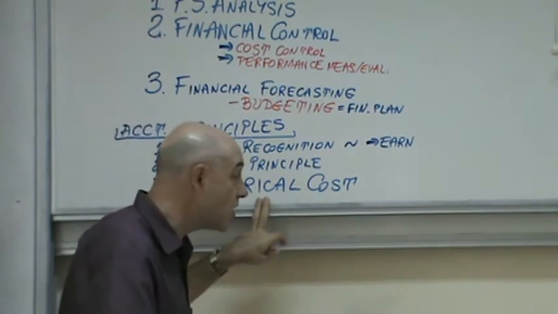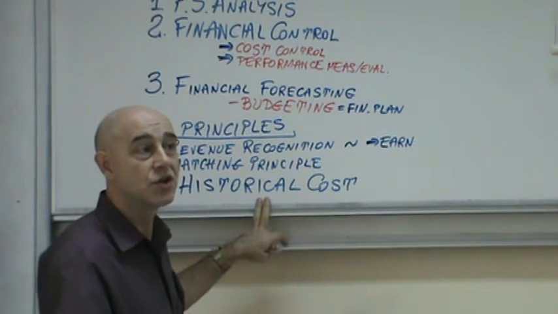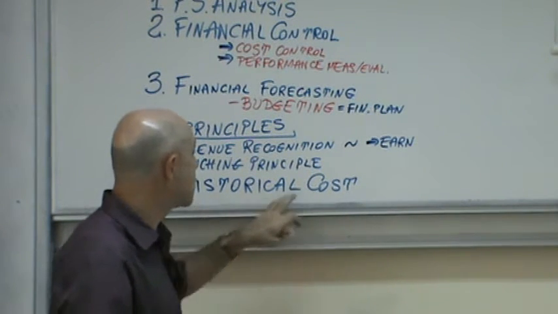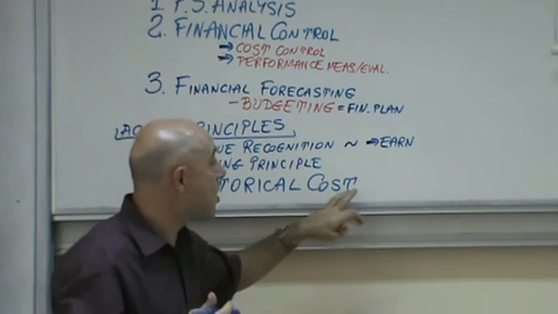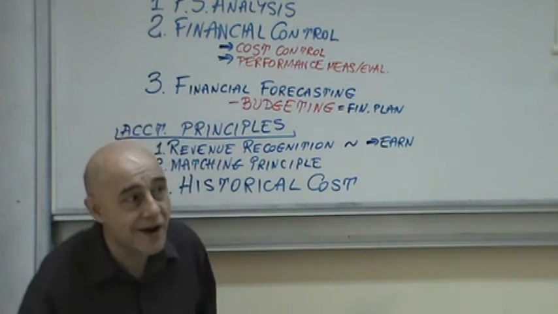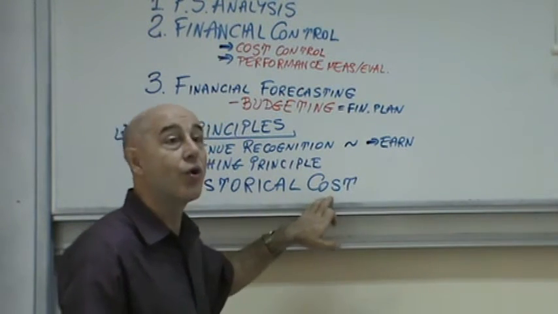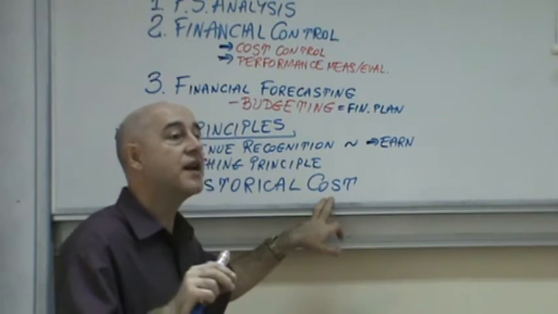If you spend $20, it is $20. If you spend $25,000, it's $25,000. Historical cost means you don't record what you want, or what you like, or what you think. You have to record exactly what happened.